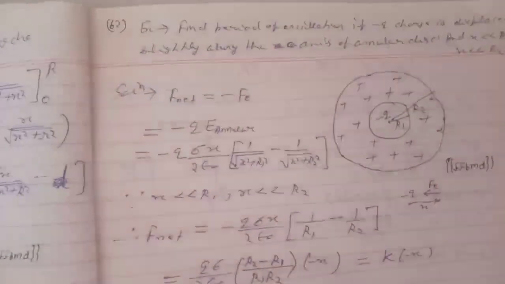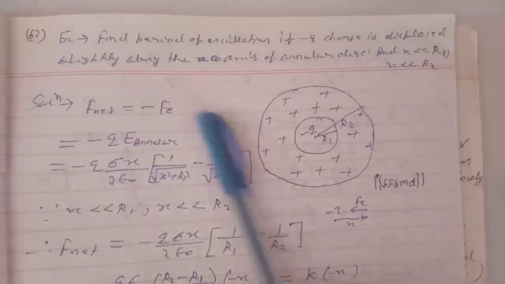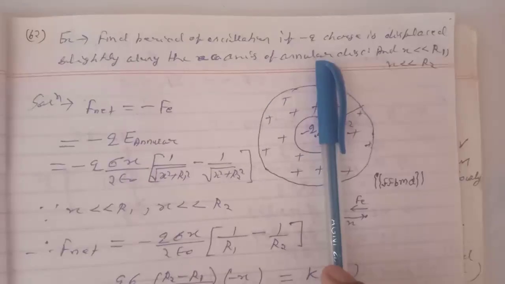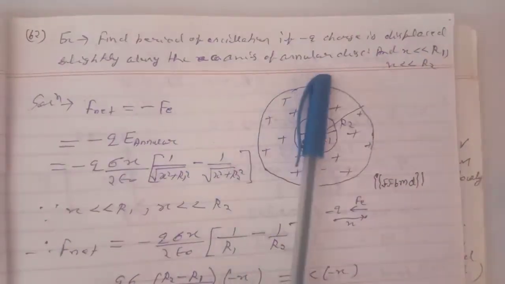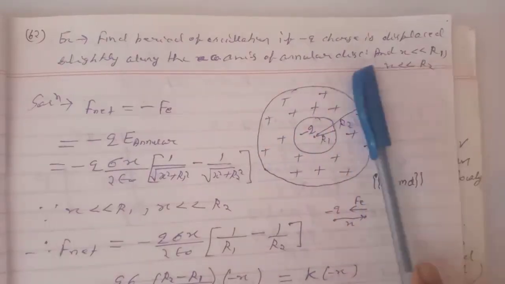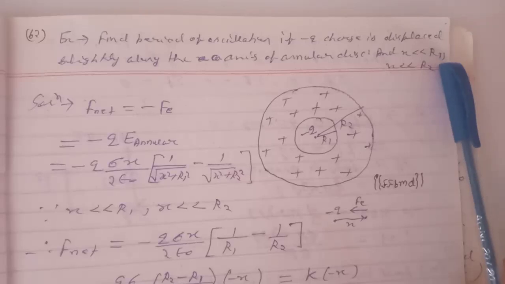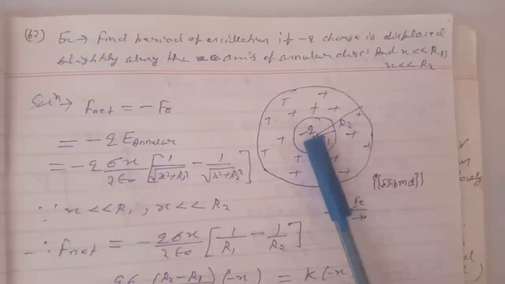Now, example. Find the period of oscillation if a minus q charge is displaced slightly along the axis of an annular disk, where x is very much less than r1 and r2. So here this is the situation shown.